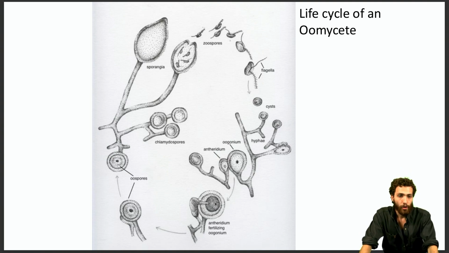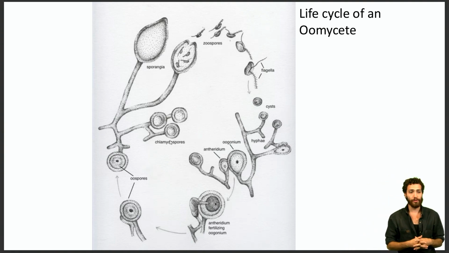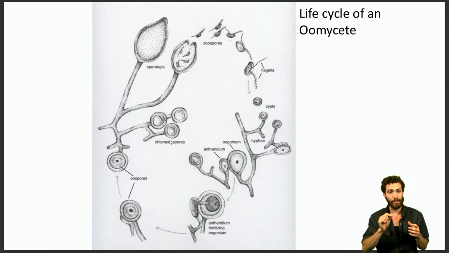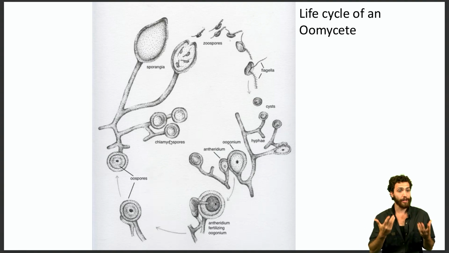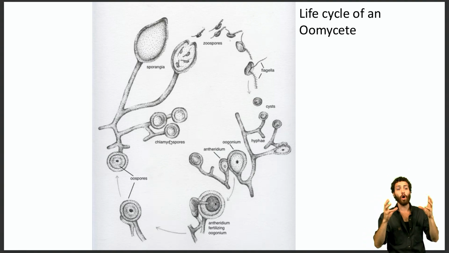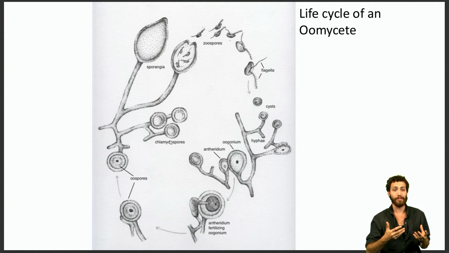So oospores are released. They will grow hyphae and mycelia. They can produce chlamydospores, which are heavily reinforced. Often there's a hardened exterior. Often they're melanized. These are long-term storage. These are dormancy structures.